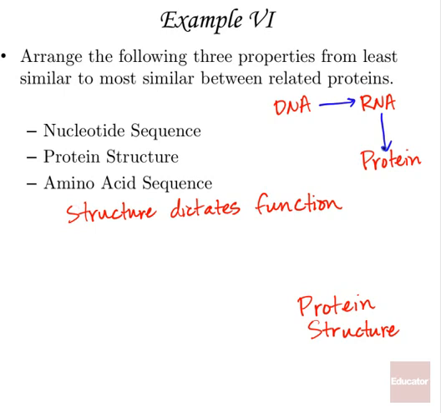And if we remember, multiple different codons on the RNA can be made into the same amino acid, which we call the degeneracy of the genetic code. So therefore, our amino acid sequence, we could get, let's say, aspartate from multiple different pieces of RNA triplets.